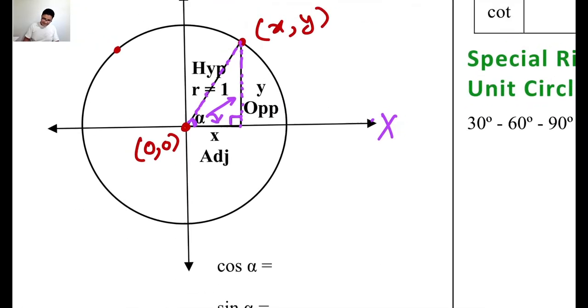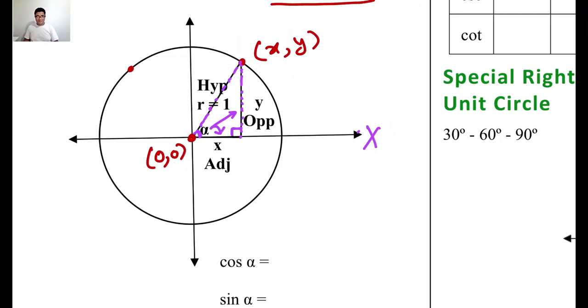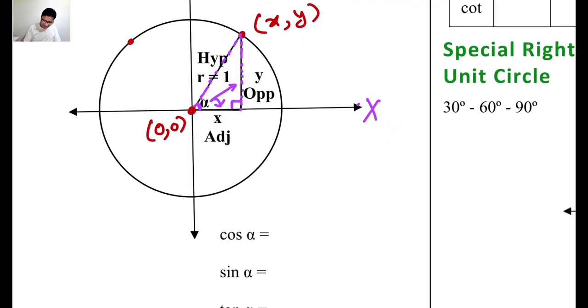All of this makes the definitions of trigonometric functions for the unit circle very specific and very simple. What is that? Cos alpha is adjacent over hypotenuse. The adjacent side is x coordinate. Hypotenuse is radius whose length is 1 unit. So you just get the x coordinate.